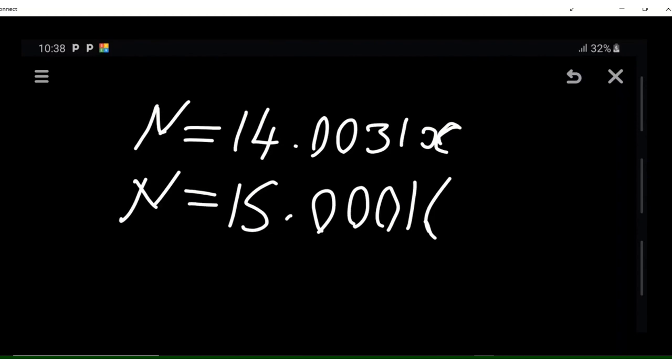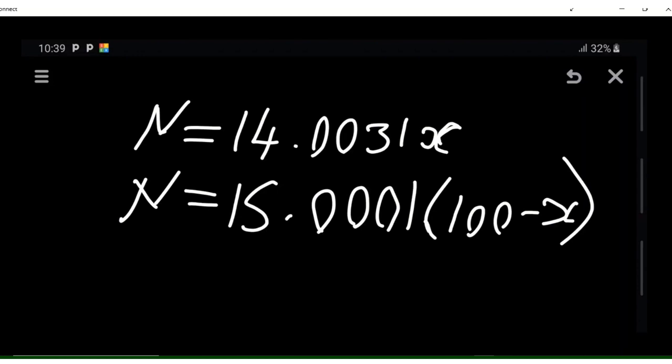The second abundance is less than the first one, so we subtract: 100 minus X. When we add X plus the remainder, we have 100% abundance.